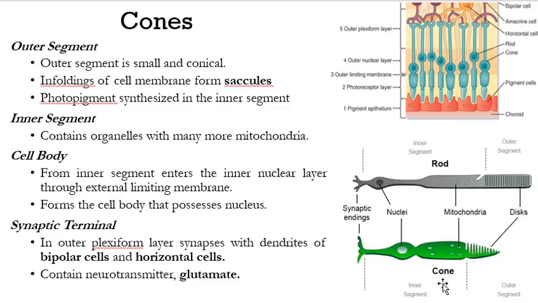So the inner segment organelles have much more mitochondria, and the cell body as well has a nucleus, and then we have our synaptic endings, which also release glutamate.